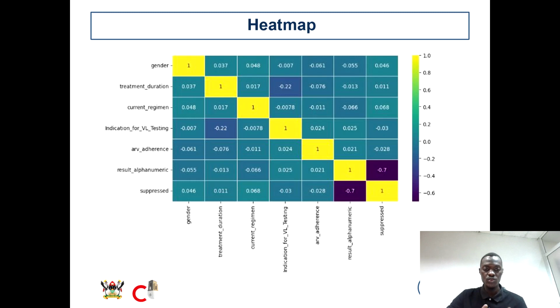When you compare those two variables, when suppression increases, the viral load reduces. The result alphanumeric, the one that represents the patient viral load, reduces. So that is why we are having -0.7. So we realize that the more the value tends to 1, it means it correlates positively. There is a linear relationship or trend between the different variables.